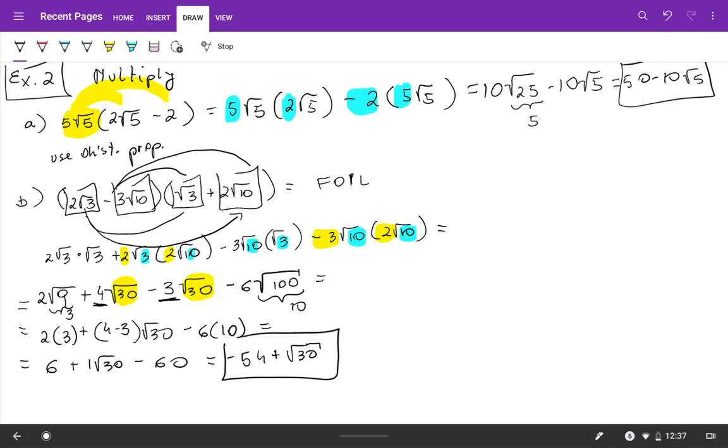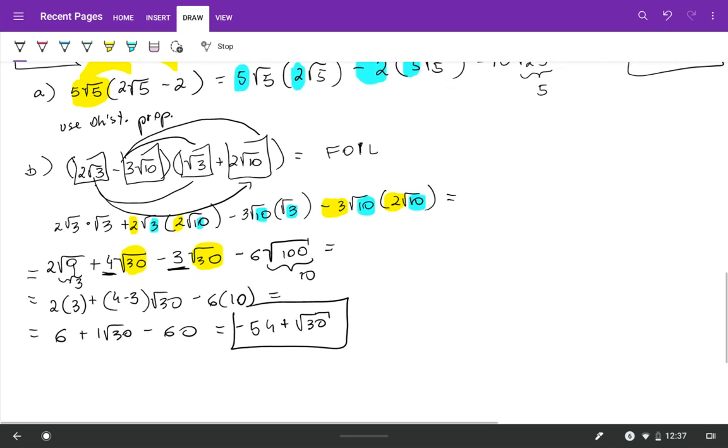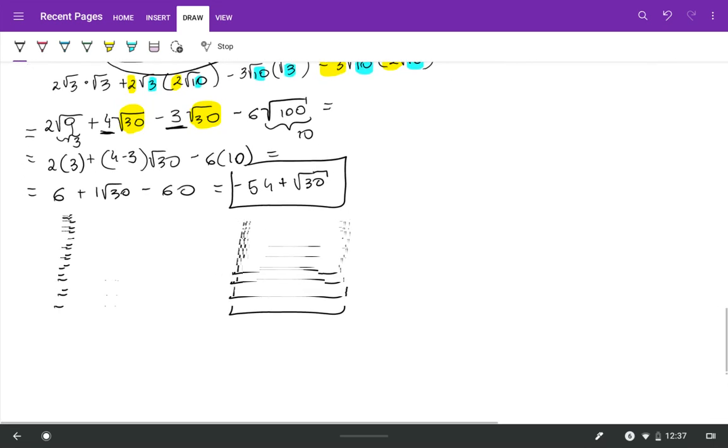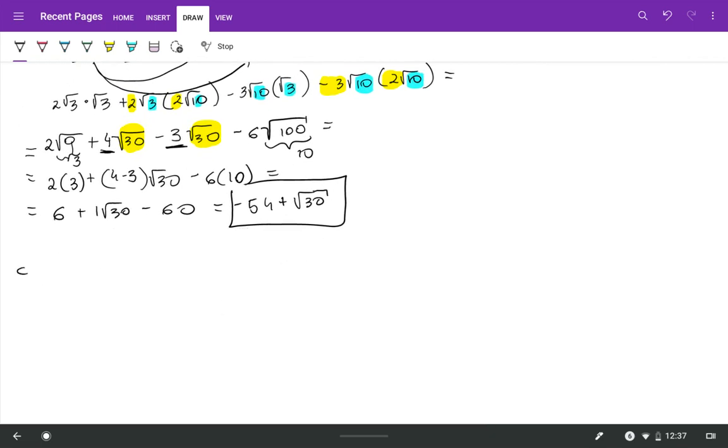What would you do? One more. Okay, so I have square root of t plus 3 square roots of w times 4 minus square root of t minus square root of w.